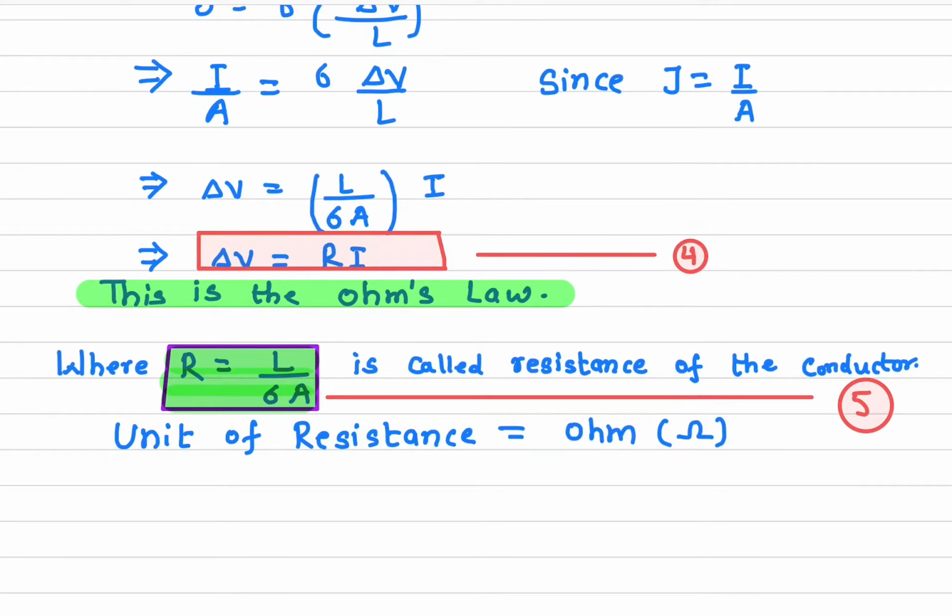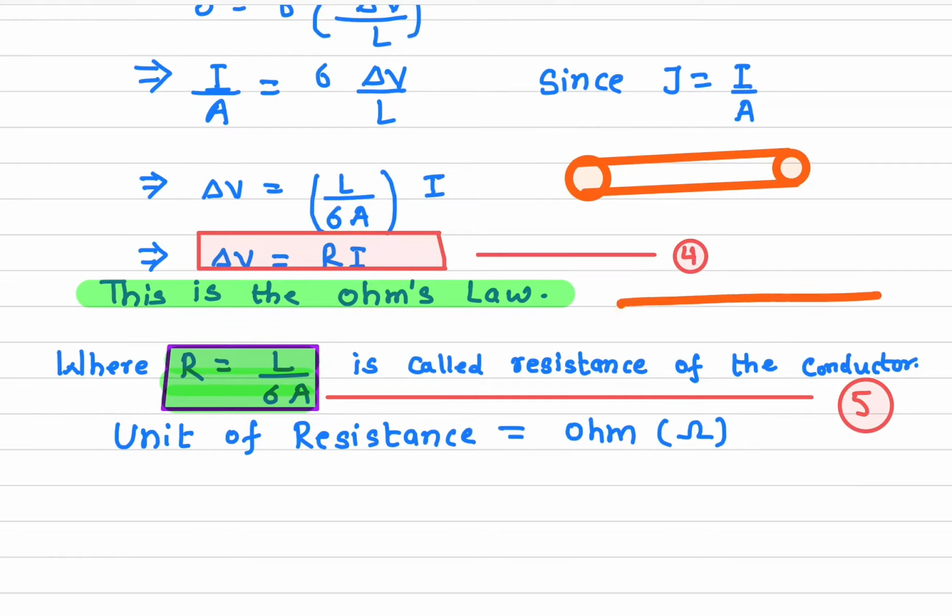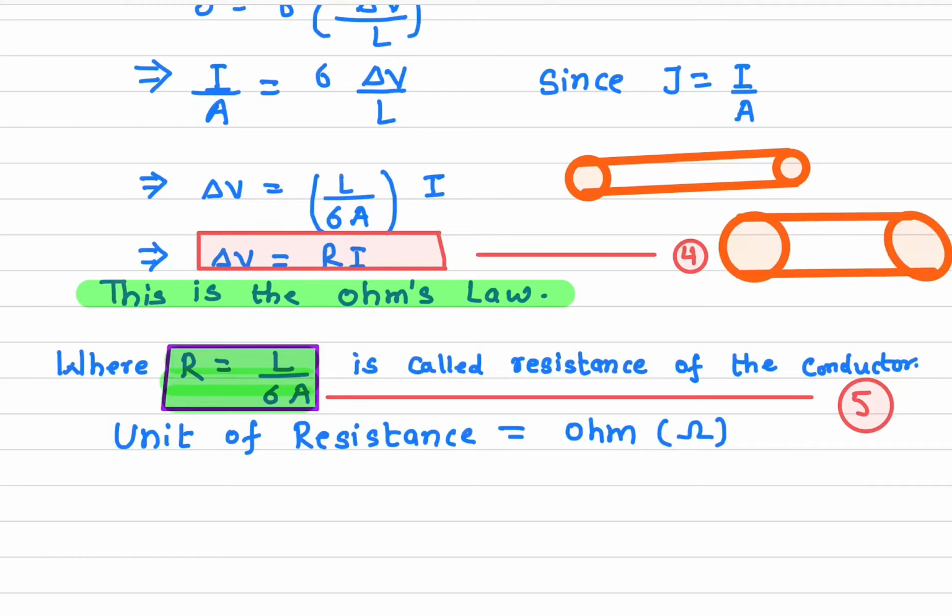So what does that mean? That means, let's say you have two conductors here, one with a smaller cross-sectional area and the other with a bigger one, but the same length. Here I'm talking about the same length, but this one has more cross-sectional area.